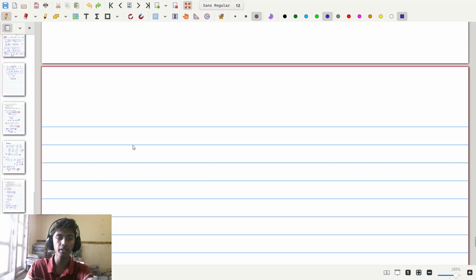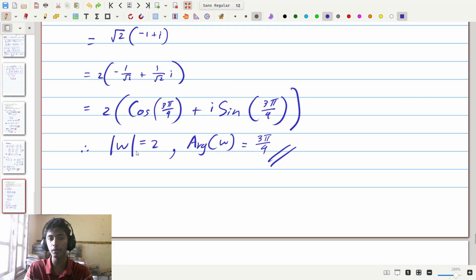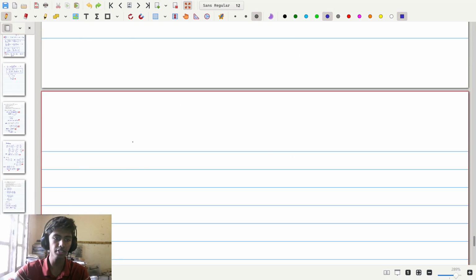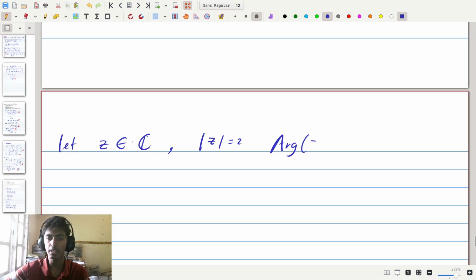So we're going to go down here. We've already found w, so let's also define z. So let's say let z be an element of the complex numbers and the modulus of z be equal to 2 and the arg of z be equal to, as I remember, pi by 3.